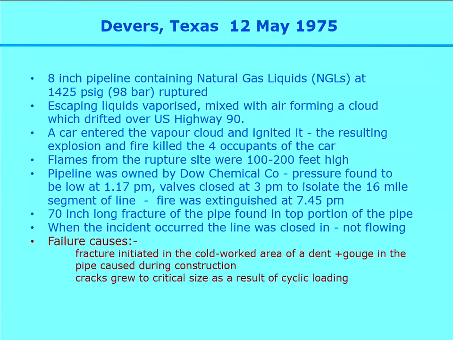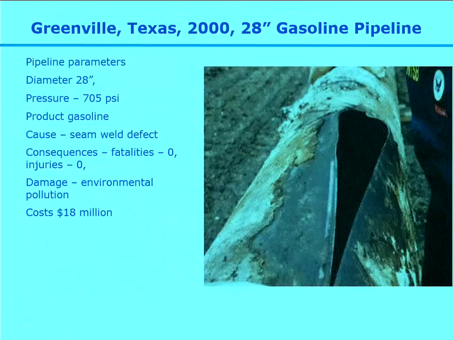Right, this one is included because it's a seam weld defect. It's a rupture which occurred due to a fatigue crack in old ERW pipe. If any of you are studying materials and manufacturing as used in pipelines, you'll be aware that ERW pipe is well used today, but when it was first manufactured, the manufacturing process left extensive defects in the seam weld all the way down the pipeline.